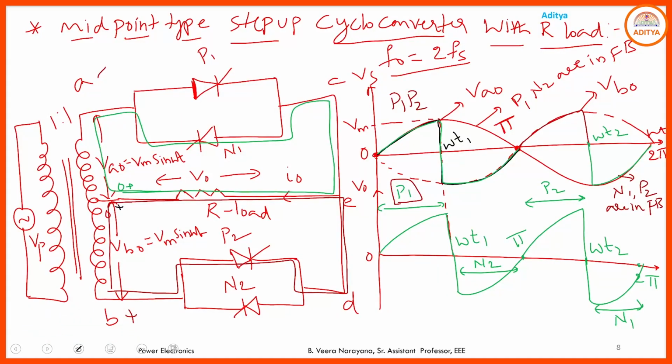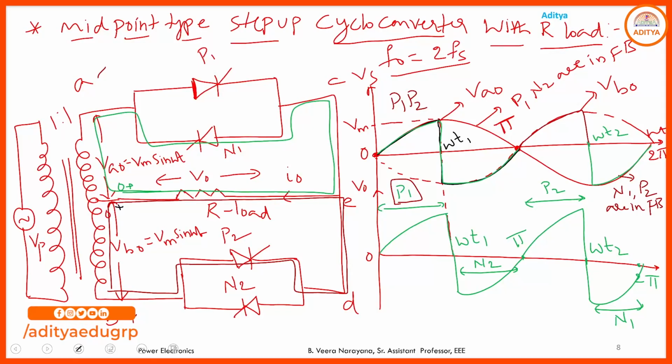And if you go through the step up cycloconverter and step down cycloconverter, from the construction point of view, these are the same. That means the same midpoint type converter topology is used for either step up or step down cycloconverter. Depending upon the changing of the conducting period of the switches, we are able to collect either an output frequency lower than the source frequency or higher than the source frequency.